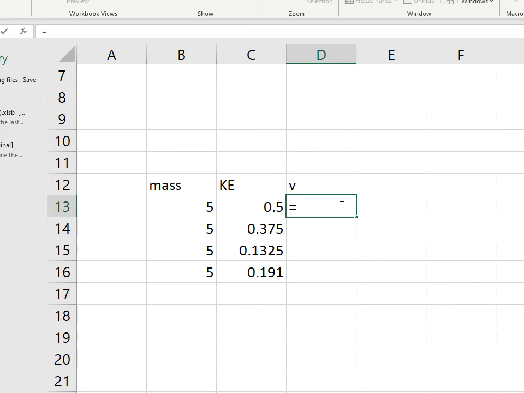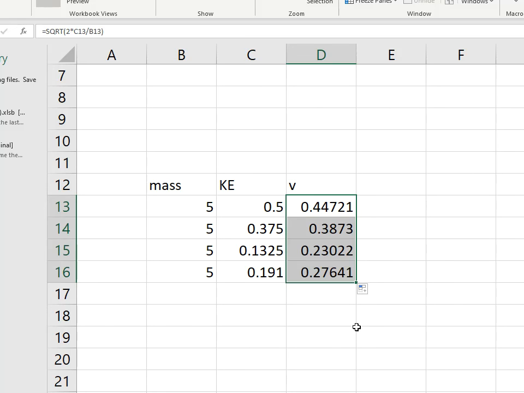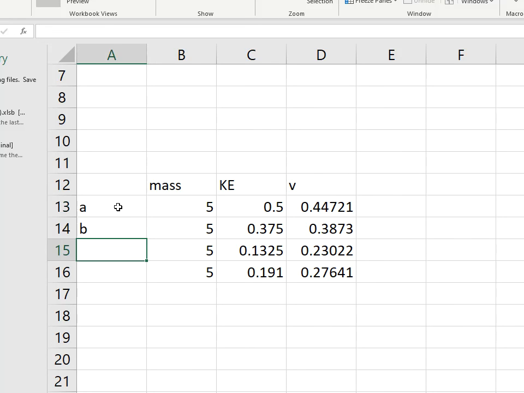So I'll type in equals square root of 2 times the kinetic energy divided by the mass, and copy that down, and we'll have all of our velocities for part A, B, C part A, and C part B, and those are all in meters per second.